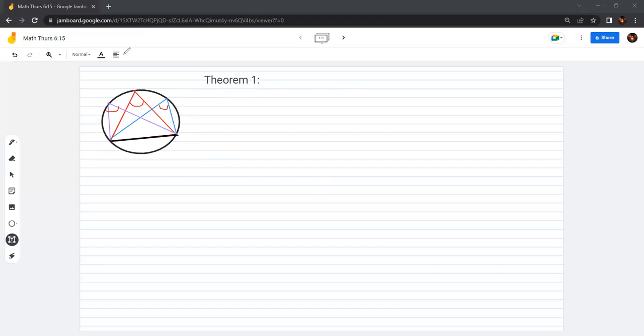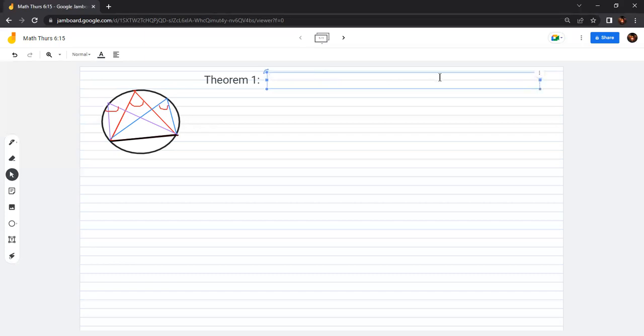So the first theorem is: angles sitting on the same chord are equal.